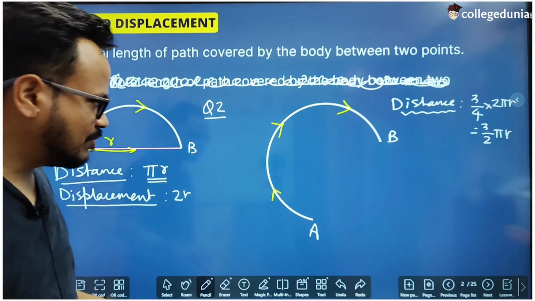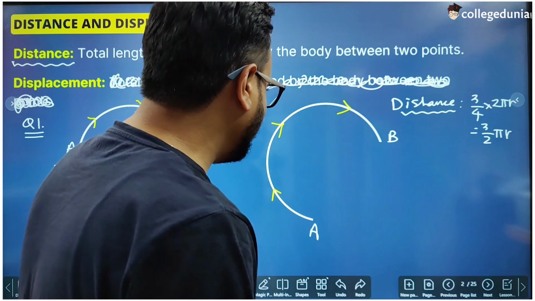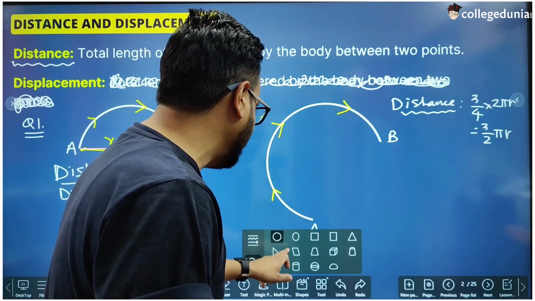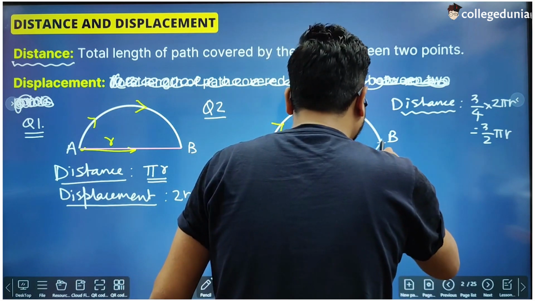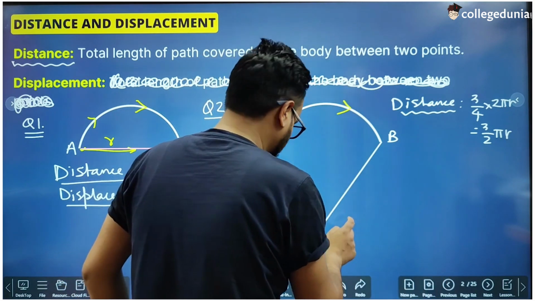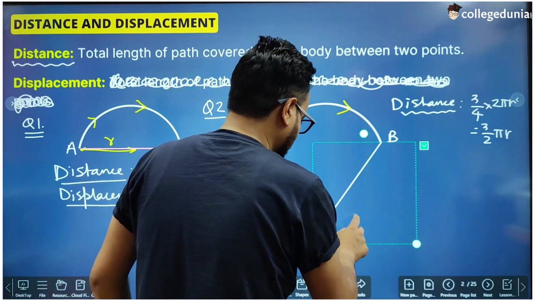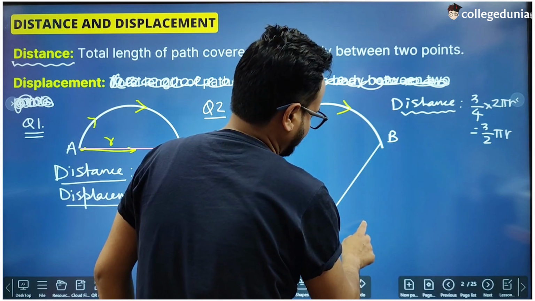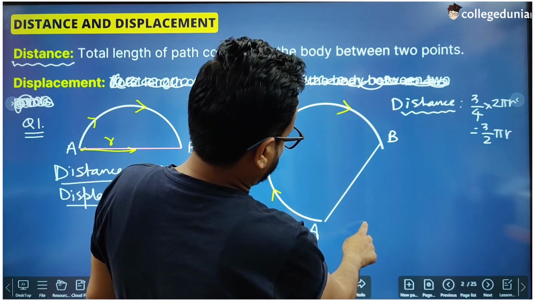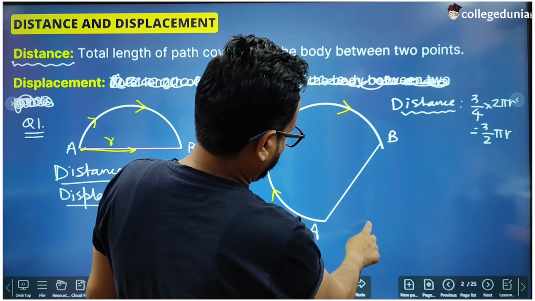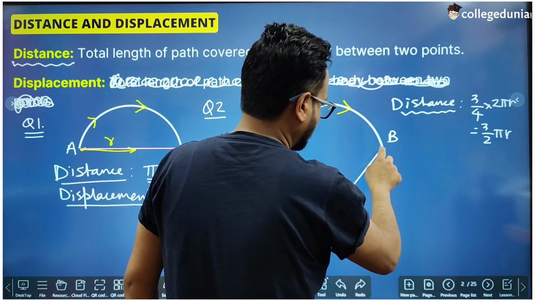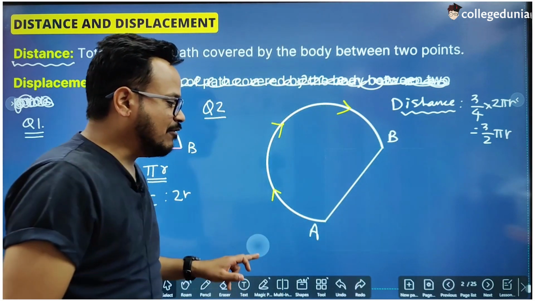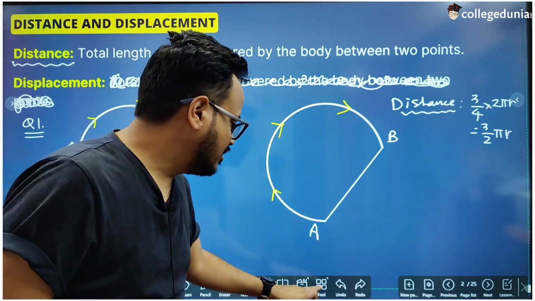And what is the displacement? This is 75% of the circle. Now if we join these two, this is the displacement now. Let it look like a 75% of the circle, right? Okay, we have to find the length of this side, this line.